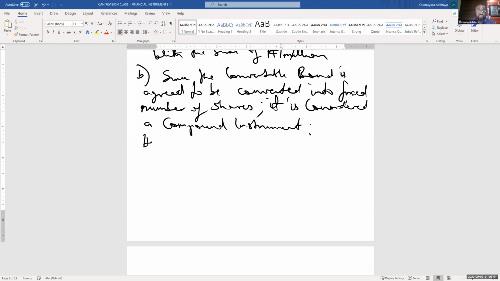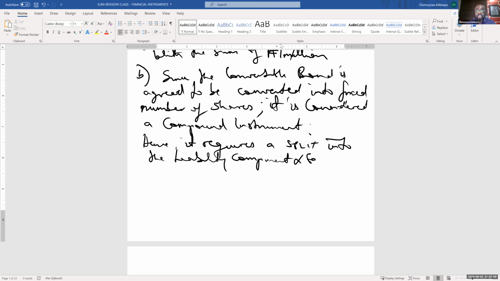Hence, it requires a split into the liability component and equity component.